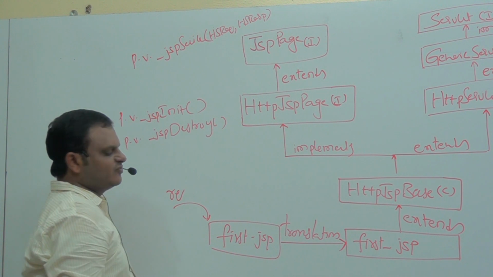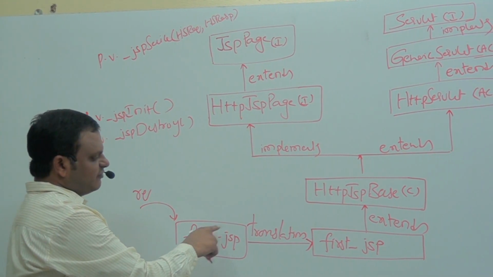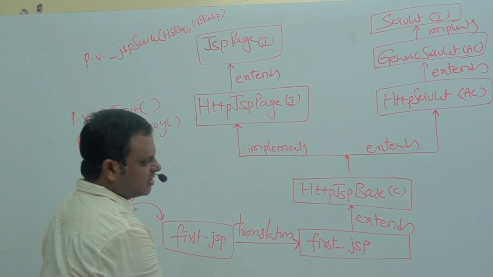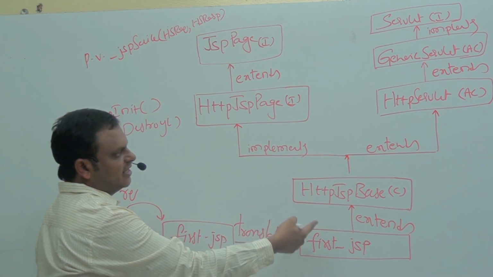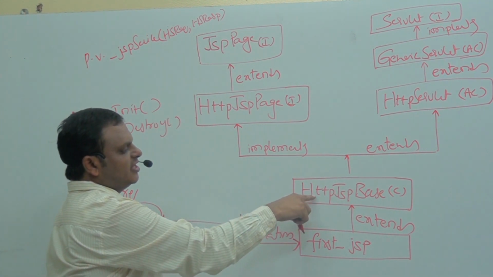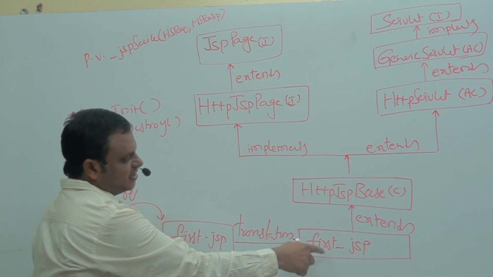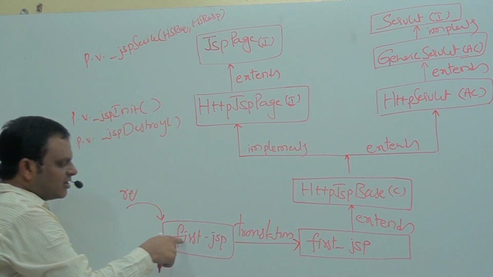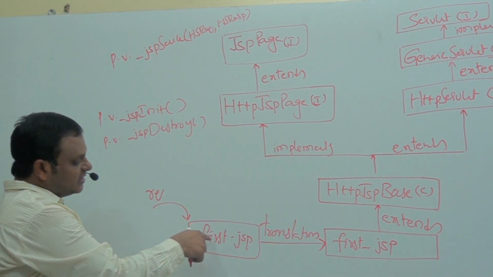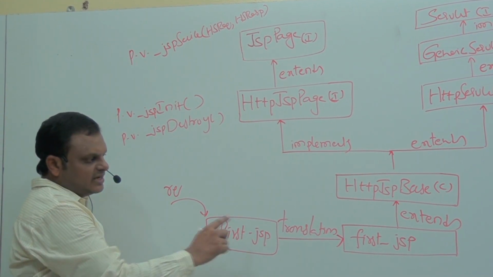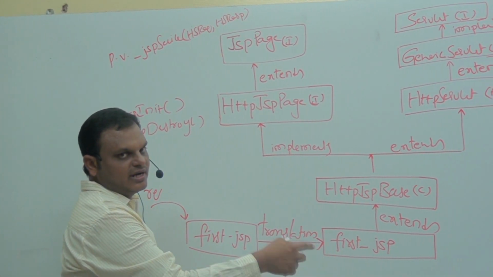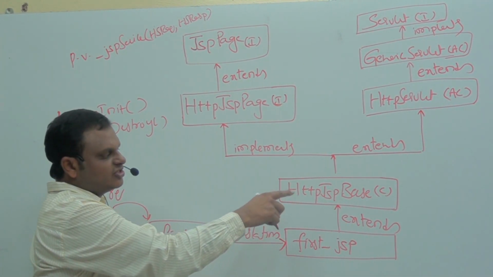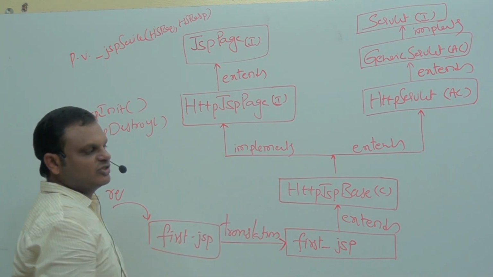Whenever we submit a request for first.jsp, it is automatically translated to the first_jsp class. This first_jsp class overrides the _jspService method of the HttpJspBase class with the content of first.jsp. Whatever data we specified in first.jsp will be available in the _jspService method of first_jsp.